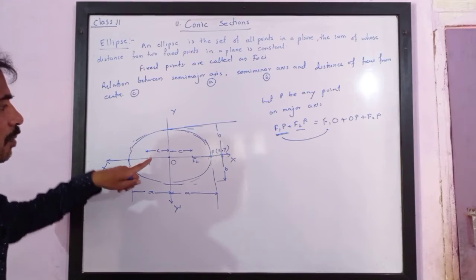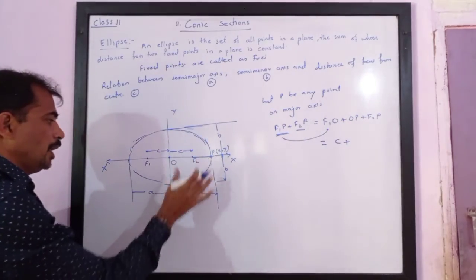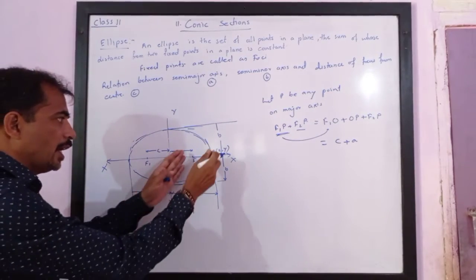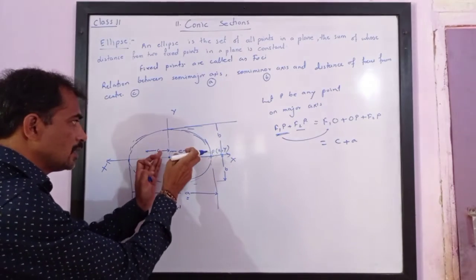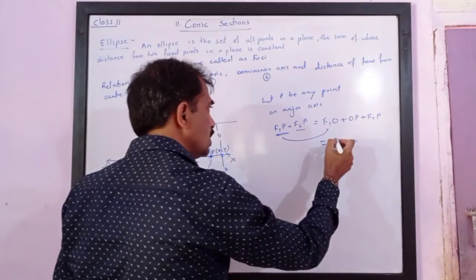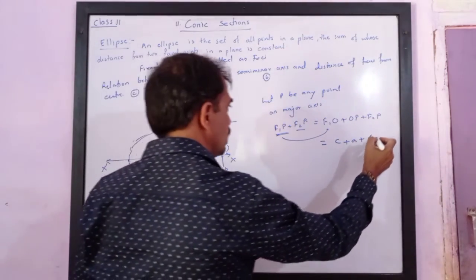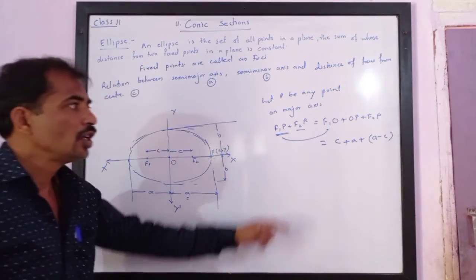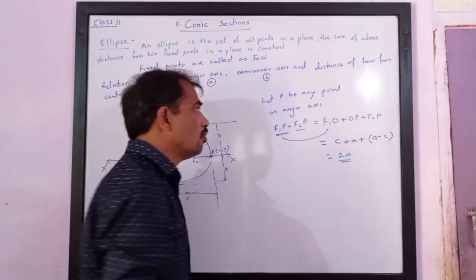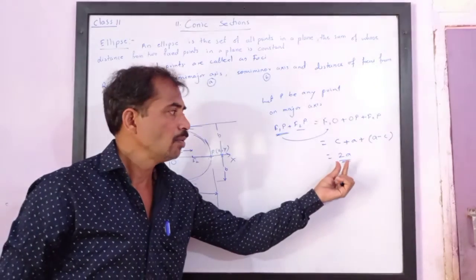Now F1O is nothing but C, plus OP is nothing but A, and for F2P we don't have a direct notation, but we can say that it is A minus C. Watch carefully, this total distance is A and this distance is C. So F1P plus F2P is C plus A plus A minus C. If you solve it further, the positive C and negative C will cancel, and you will have twice A. So please note what we have got: P is at a total distance of 2A from both the foci.